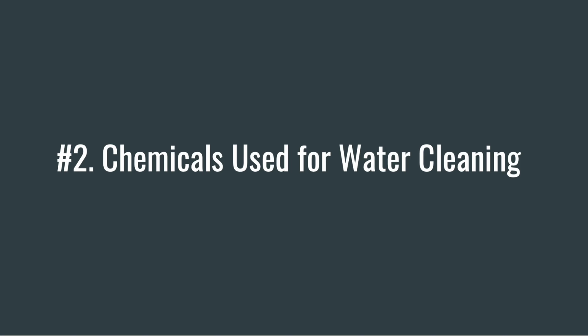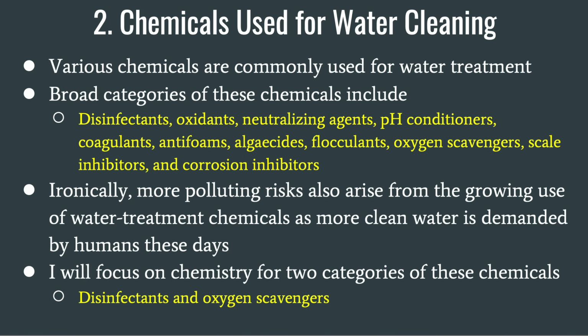My second topic is chemicals used for water cleaning. Various chemicals are commonly used for water treatment. Broad categories of these chemicals include disinfectants, oxidants, neutralizing agents, pH conditioners, coagulants, antifoams, aldehydes, flocculants, oxygen scavengers, scale inhibitors, and chlorination inhibitors.